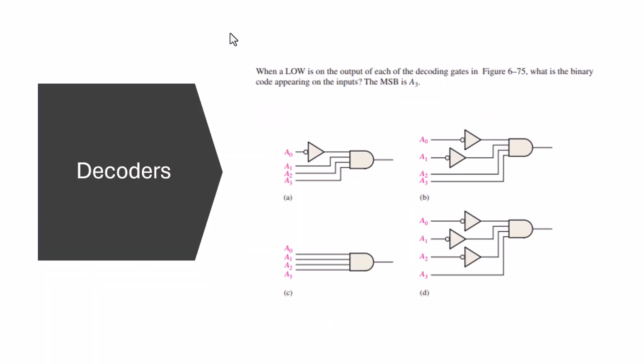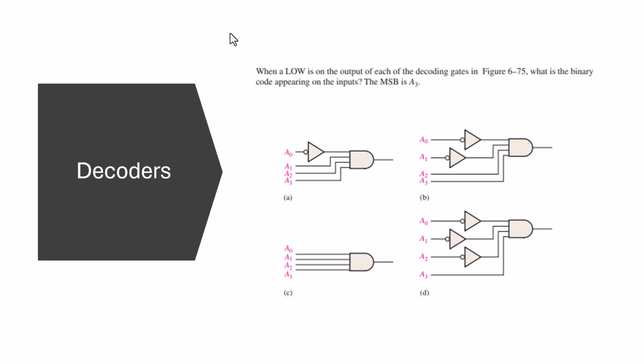And the final question says, when a low is on the output of its decoding gates in figure 6.75, what is the binary code appearing on the input? And the most significant bit is A3. Okay, so this question is about decoders, and you recall decoders are circuits.